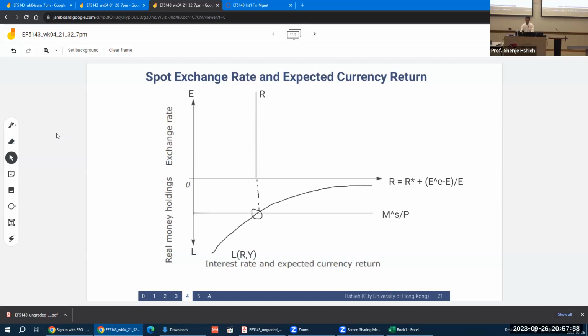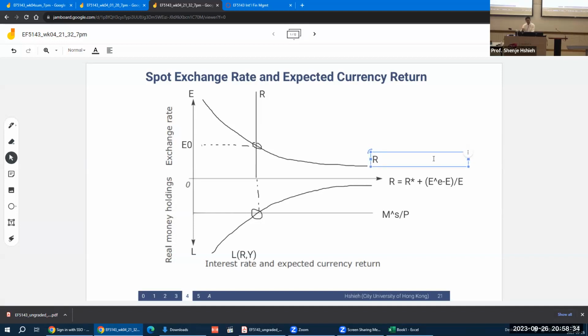The last thing is to characterize the UIP equation. From last week, we know that it's a downward sloping curve between E and R under UIP, so we can just draw an arbitrary downward sloping curve. Graphically, we can determine that this intersection is our equilibrium spot exchange rate. Let's write out the UIP equation.